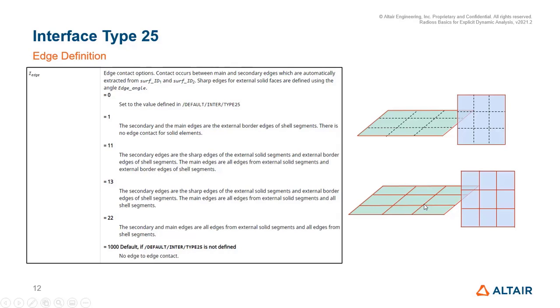It is going to consider all the edges, and you can have this option for shells and solids. Similarly, there are two more options, 13 and 22. If you have IH equals 1000, that will direct you to the default card. And if the default card is not defined, there will not be any edge to edge contact. So it's important to define the default card or define the IH option in the contact.